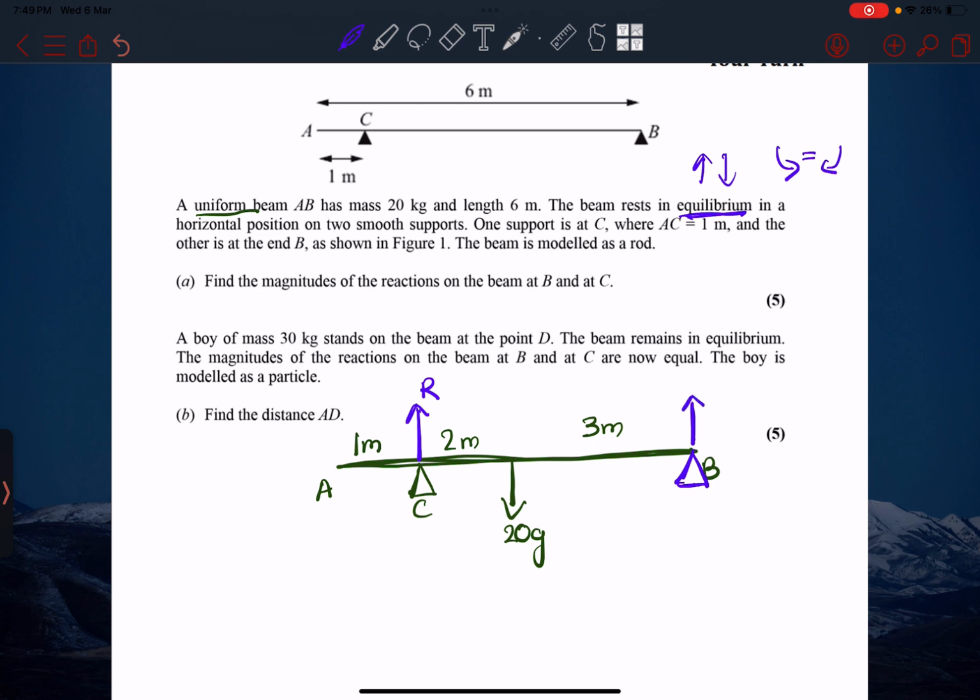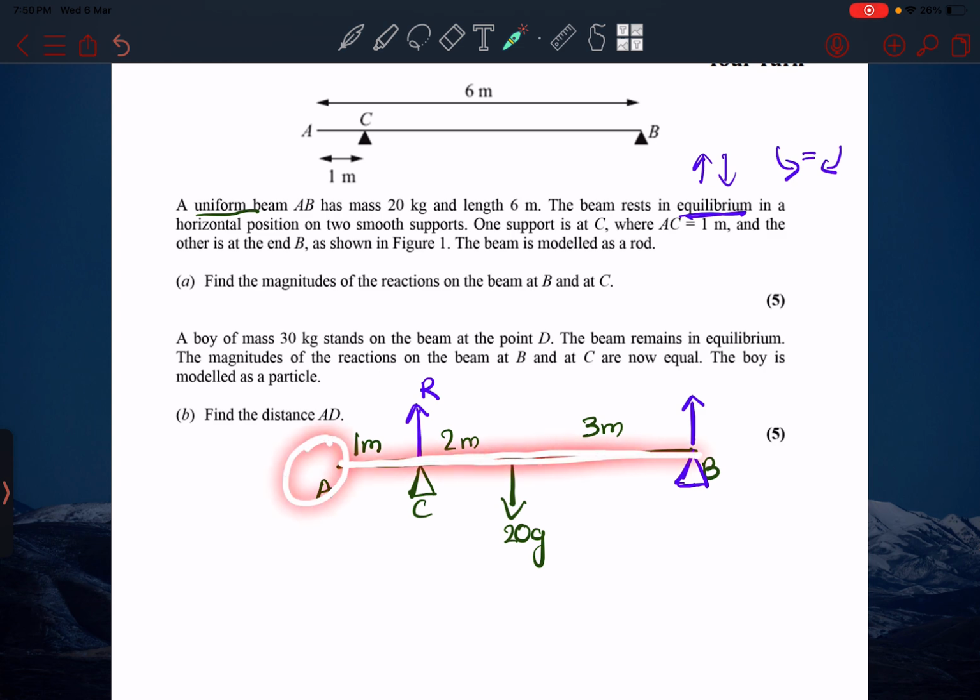Now, let's imagine this as a person. His feet are here, head is here. If you imagine this to be a person, he would be experiencing an upward force near his chest and also at his feet.